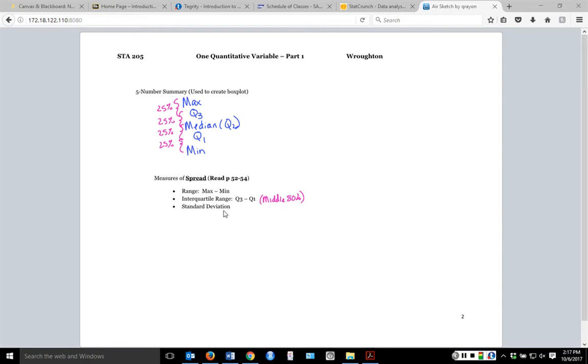Another one that we've talked about a little bit, but not a ton yet, is this idea of a standard deviation. First, I'm not going to give you the formula for standard deviation because I'm never going to make you calculate it, and it can be somewhat hard to understand. So what I want you to understand more is what it's measuring. The standard deviation measures the typical distance an observation is from the mean.